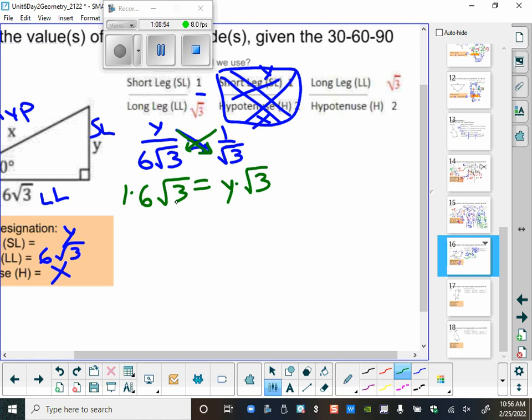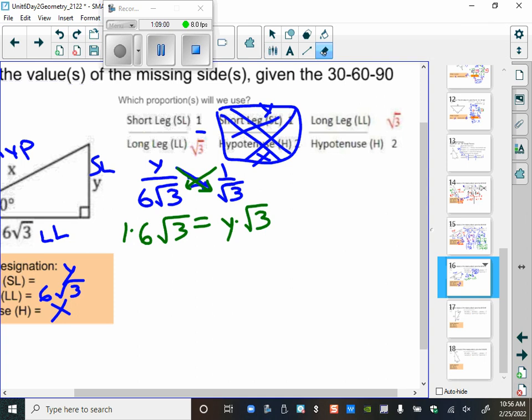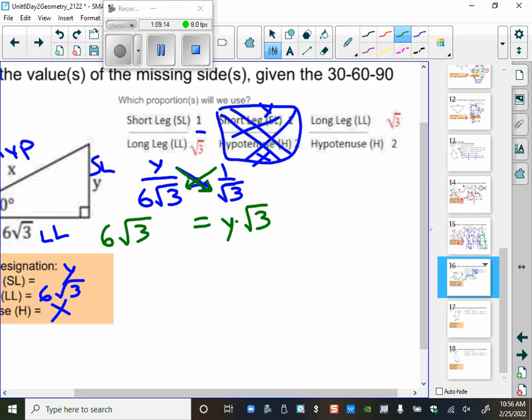Now, do we really need the 1 for the moment? No. Okay, you can do that. All right, that's fine. I'm not going to say no to that one. So you can do it that way. So does everybody understand why we are going to multiply both sides by the square root of 3? Because what's our goal?